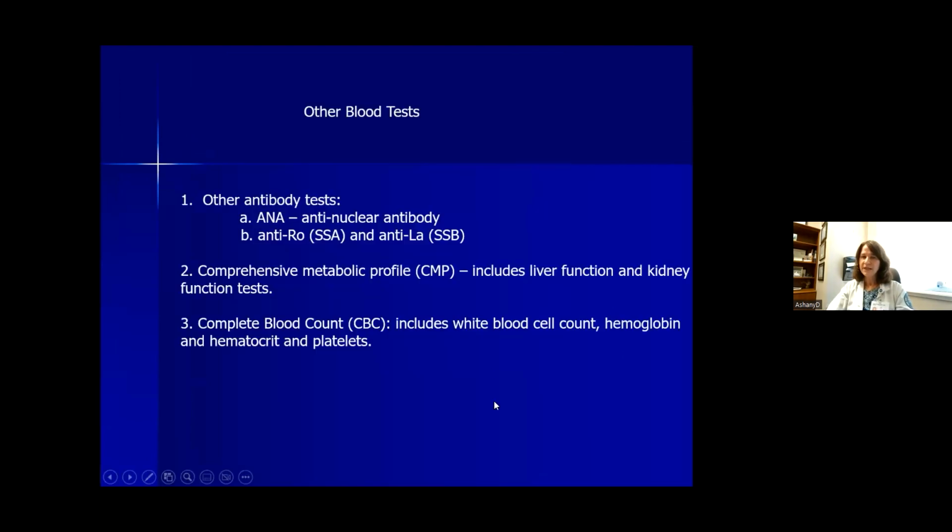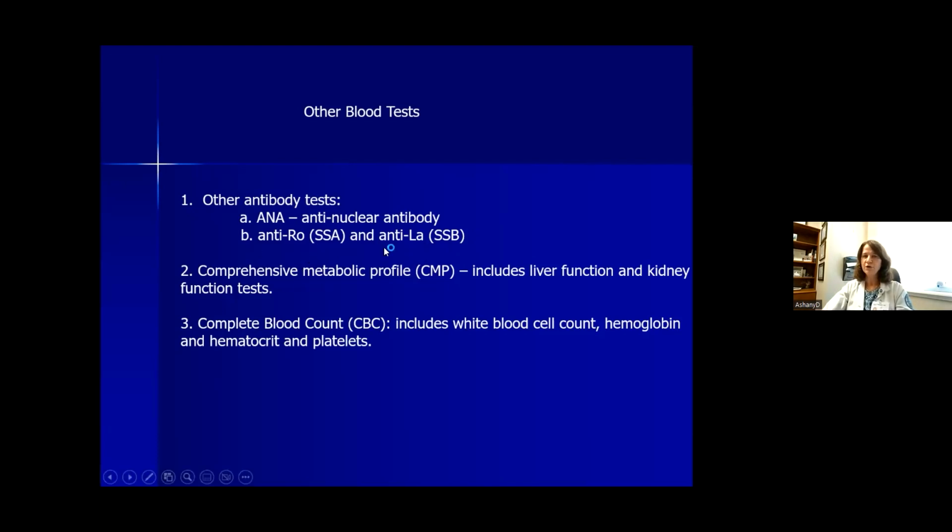Now, there are other antibody tests that we sometimes check, and you may encounter these in your blood tests, more for rheumatoid arthritis and SPA. There's an antibody test called the ANA, or the anti-nuclear antibody. There are tests called anti-Ro or Sjogren's syndrome A and anti-La, Sjogren's syndrome B. Some patients with rheumatoid arthritis may also have these tests that are positive.